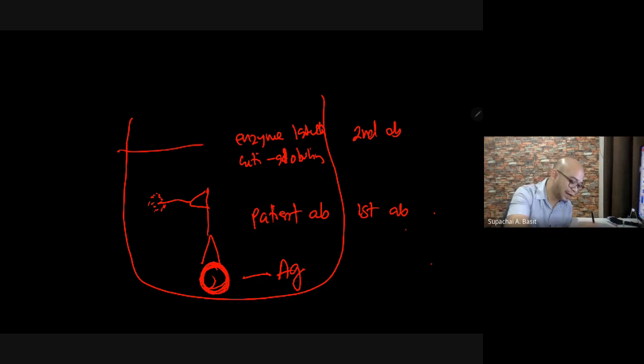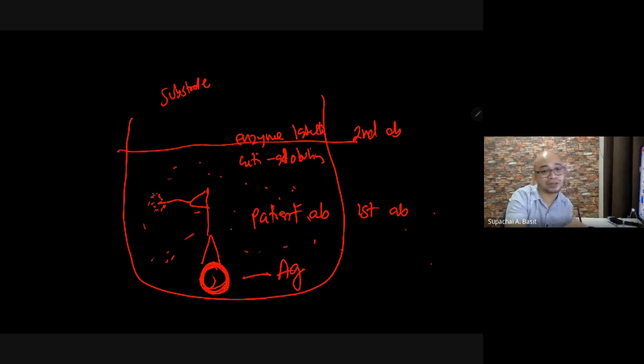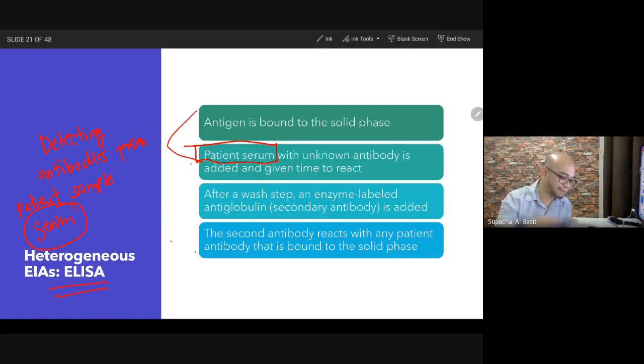Then we add substrate. After adding substrate, there will be a change in color. The more intense the color, the more patient antibody is present in the solution. That's the basic principle of heterogeneous ELISA.